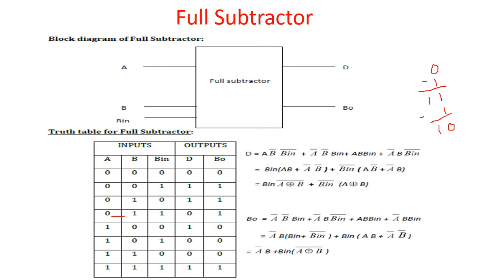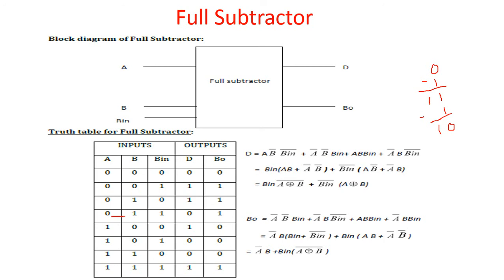For 1 minus 0, 1, again 1 minus 0, 1, so difference is 1, borrow is 0. 1 minus 0, difference is 1 and borrow is 0. Again it is minus 1, so 1 minus 1, both difference and borrow are 0.